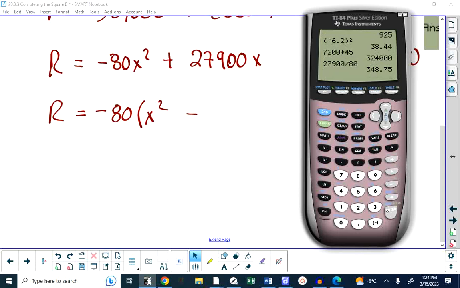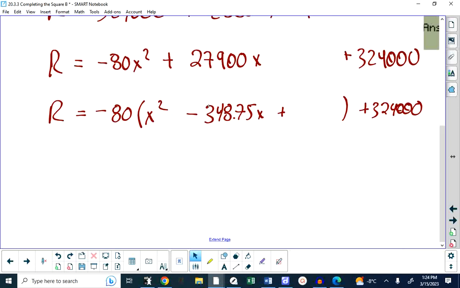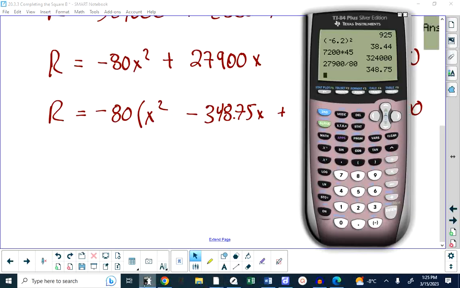We'll work in decimals. 348.75 x plus we need to add a number, and then we have that 324,000. I really ought to change this example because, believe me, when we take half of that number and then square it, we're going to have a boatload of decimals. But it's going to turn out it doesn't really matter.